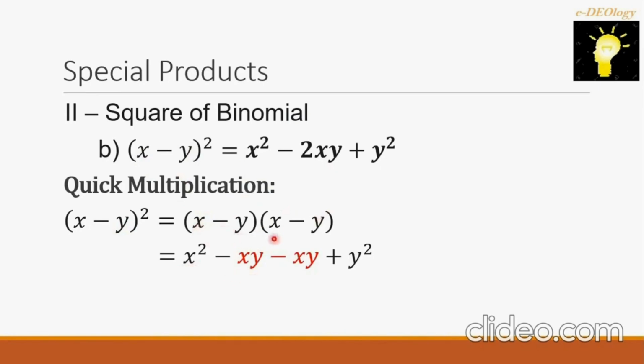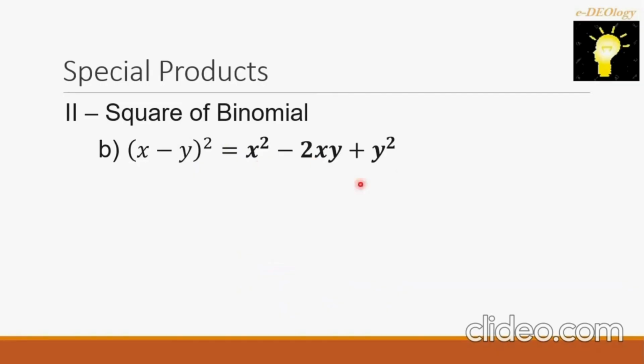Then the negative y times x can be written as negative xy also. Negative y times negative y is positive y squared. You see here the middle terms, they are like terms that we can add together. So we have x squared minus 2xy plus y squared. And that is the same product that we see on this formula on top.